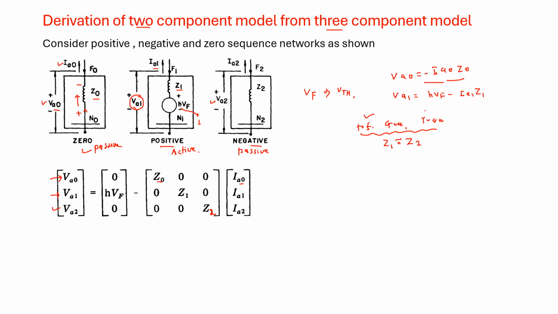For transformers and transmission lines, they are equal. For generators, there is a slight difference, but without loss of accuracy we can take Z1 equal to Z2. So here we can take it as Z1.